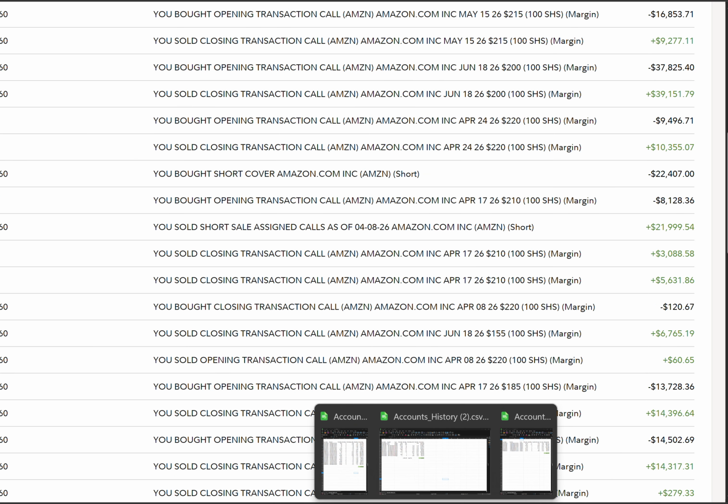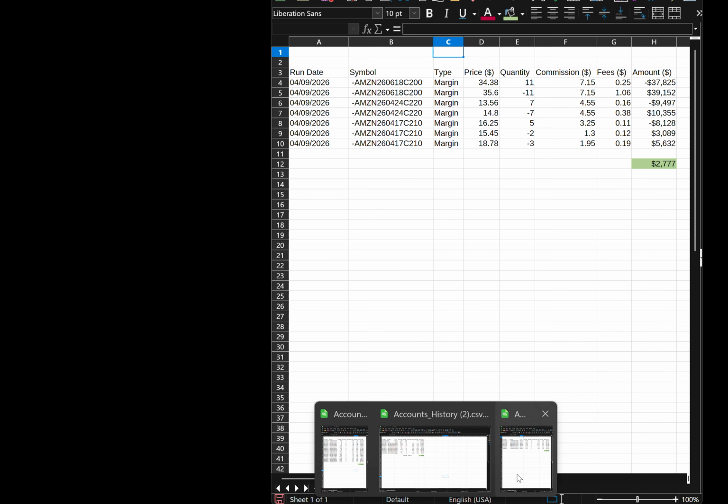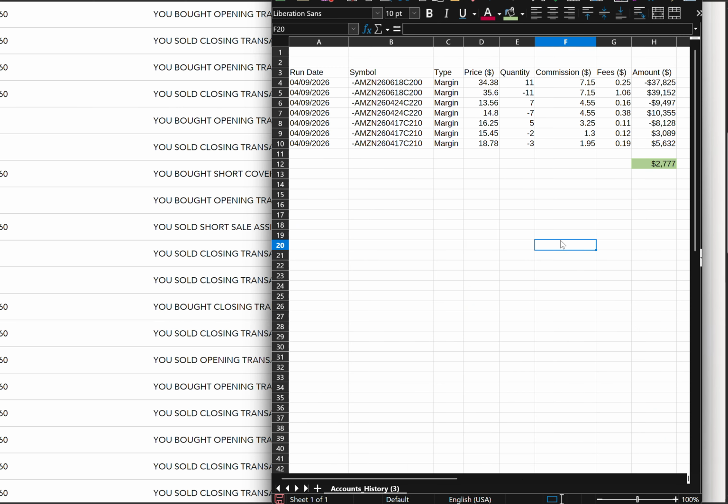But again, I have downloaded this thing in a spreadsheet, and this was, I believe, less than an hour when things were moving fast, and it generated about 2,700. And to give you perspective, again, I stayed in the money, and yeah. So this is how I play.